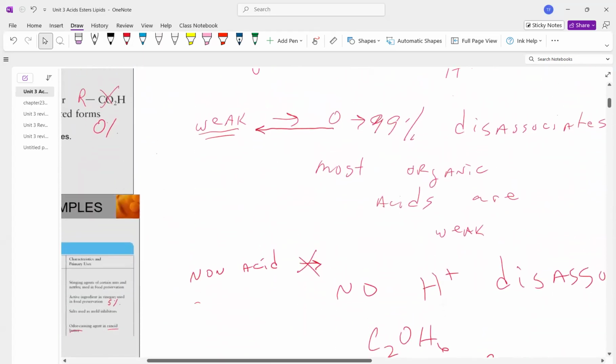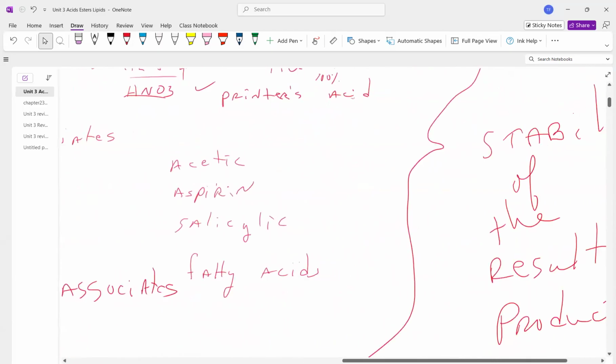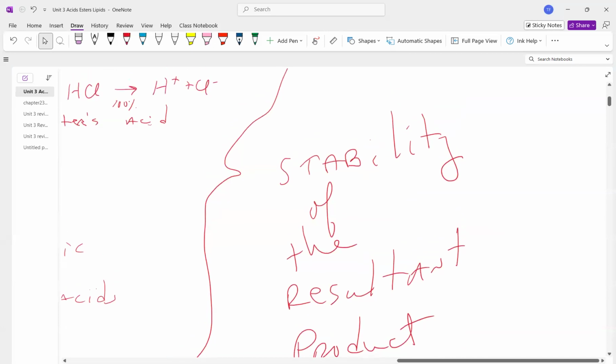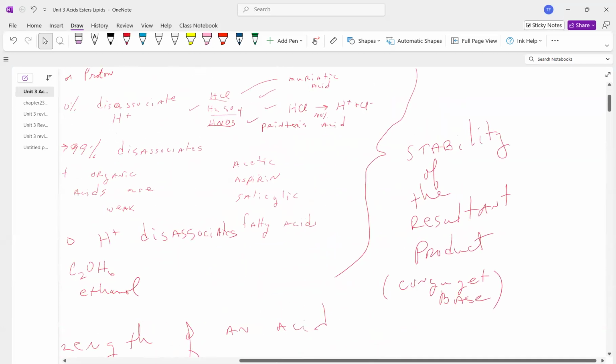Here's what it's looking for. When the acid gives off a hydrogen ion, what's left over is called the conjugate base. You might have learned this in 305.